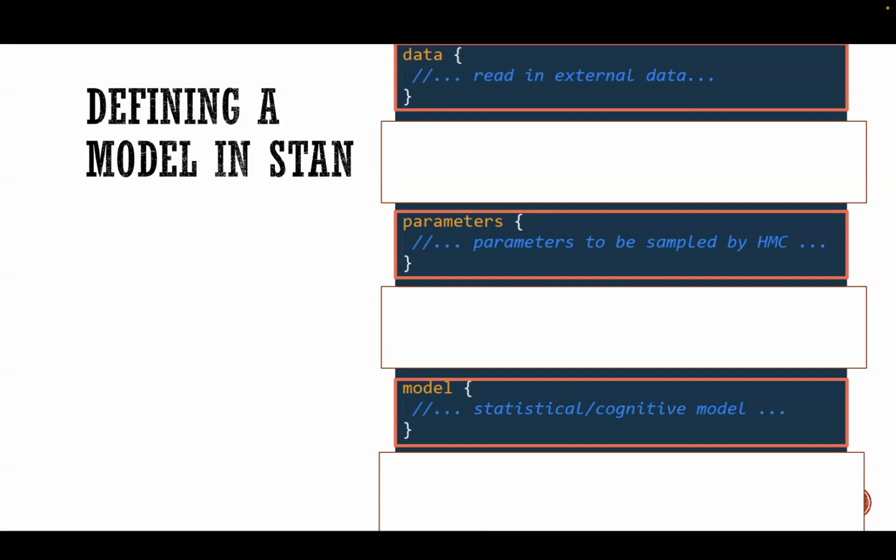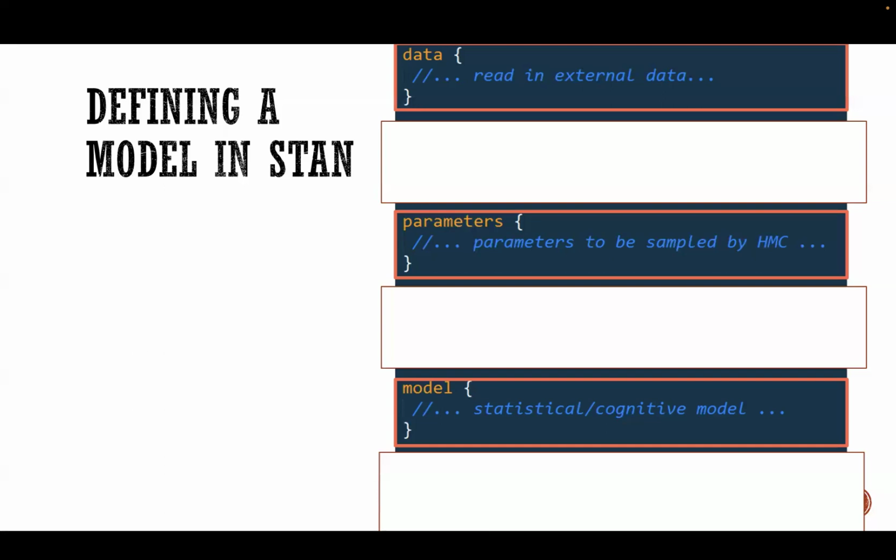There's the parameters, which are those variables which we assume are involved in the data generating mechanism, but that cannot be observed and therefore need to be inferred. When we're talking about reinforcement learning, we cannot directly observe the inverse temperature. We cannot directly observe the learning rate, and this is where we define them.